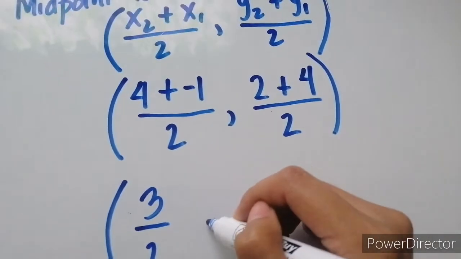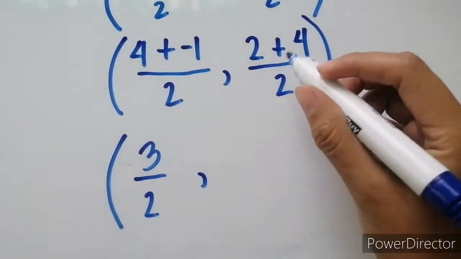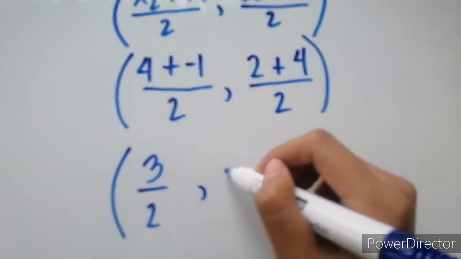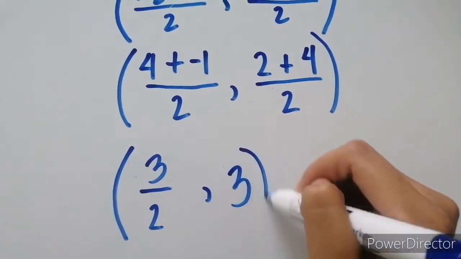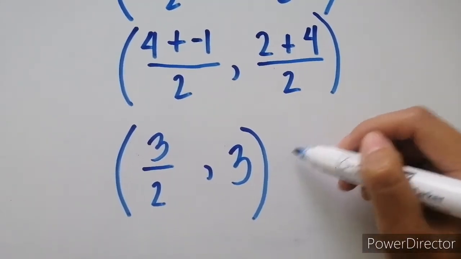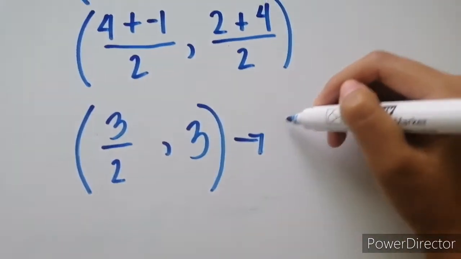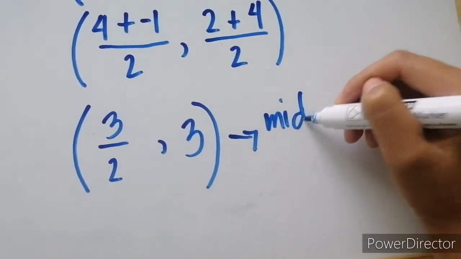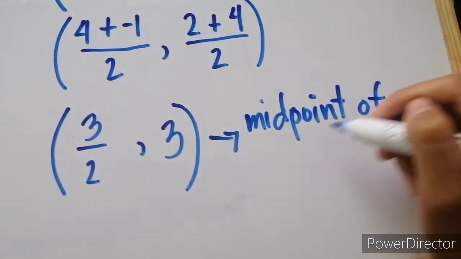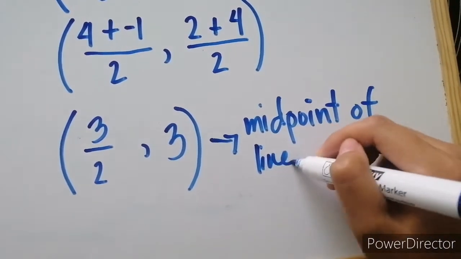Next, 2 plus 4 is 6, divided by 2, we will have 3. So this is now the midpoint of the line AB.